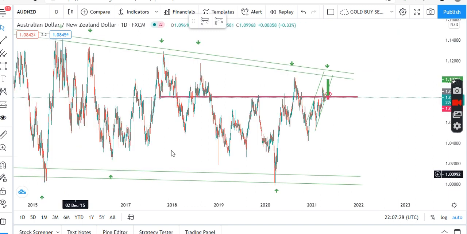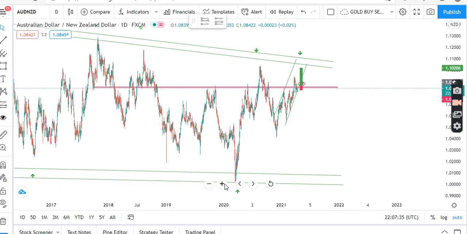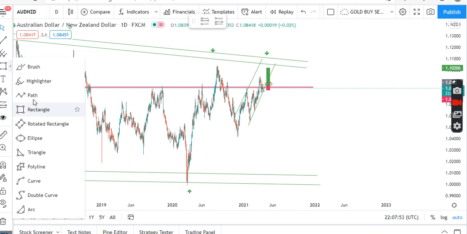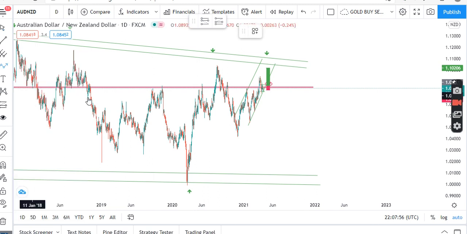Let's look at this situation now here. This is my main interest here. Price is in an ascending channel to resistance, and this most of the times breaks to the lower side.